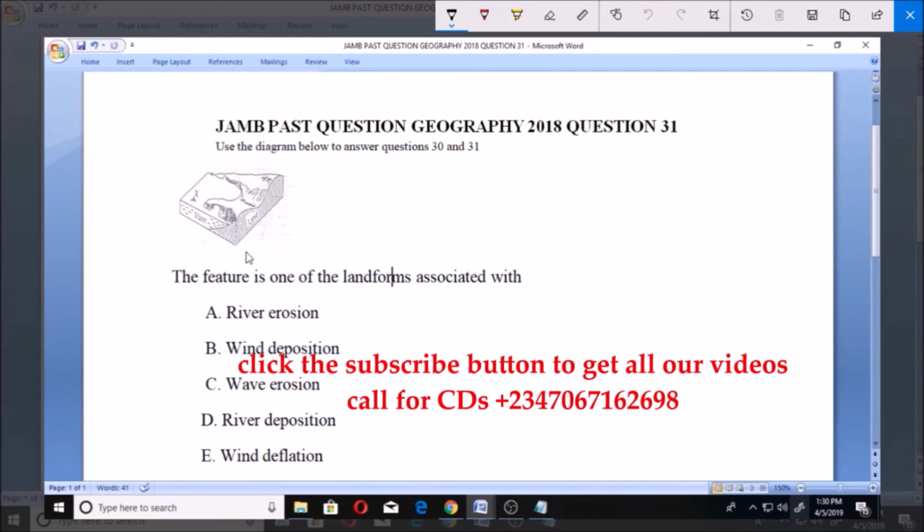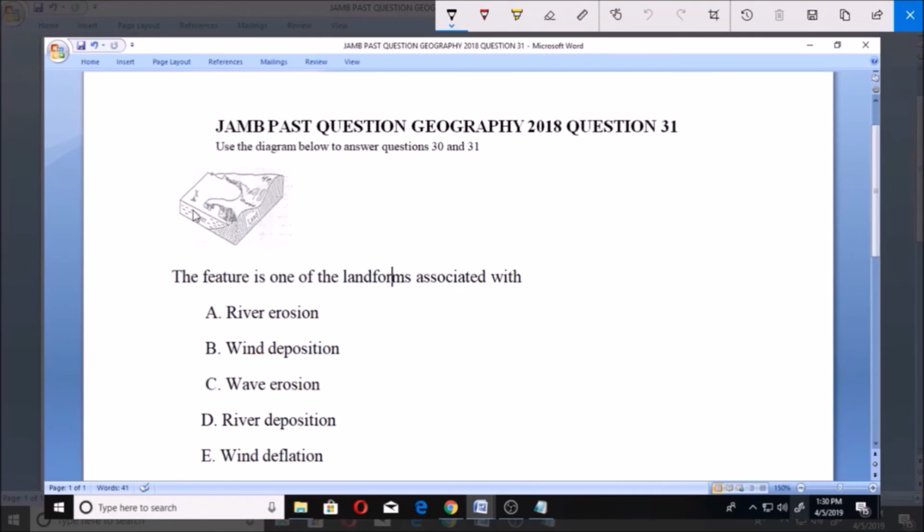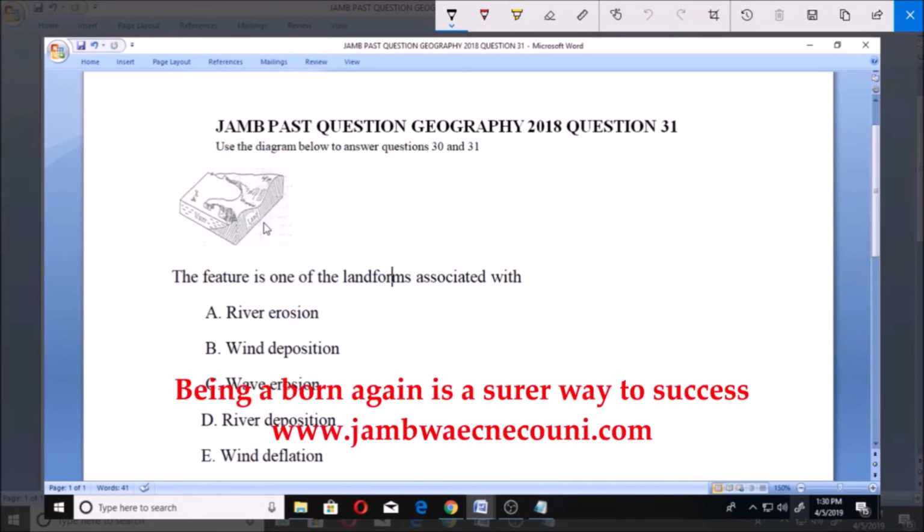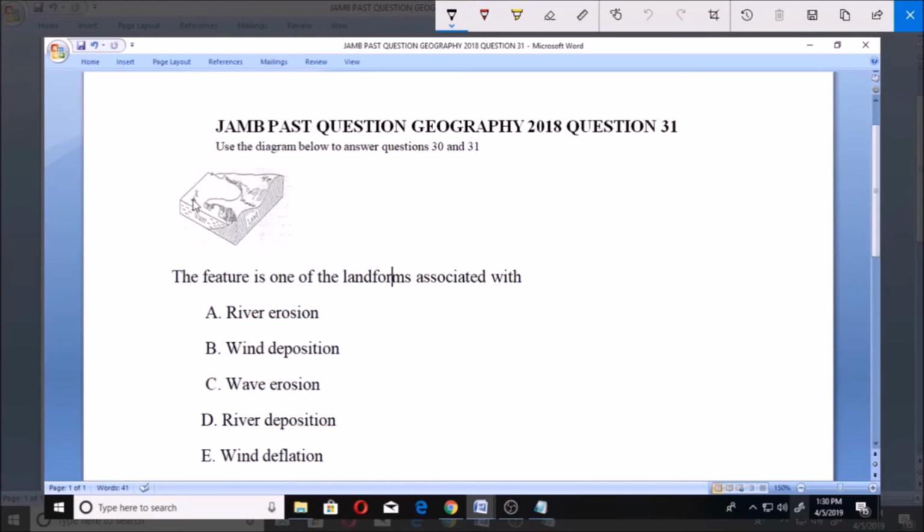In question 30, where it was asked what this X stands for, we said it is a stack. A stack is a landform consisting of steep and often vertical column or columns of rock in the sea near a coast formed by wave erosion. That's what we say a stack is.